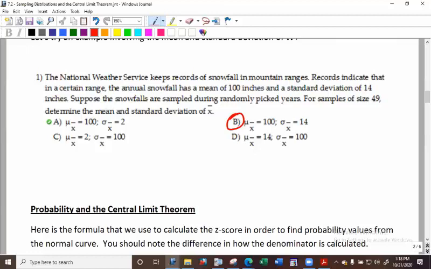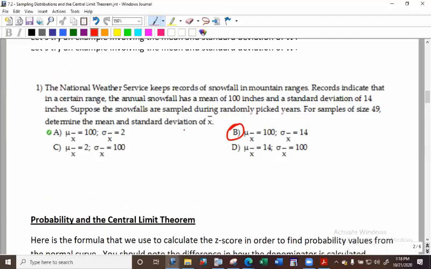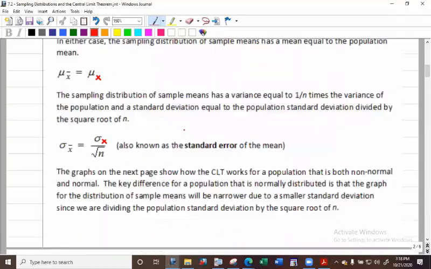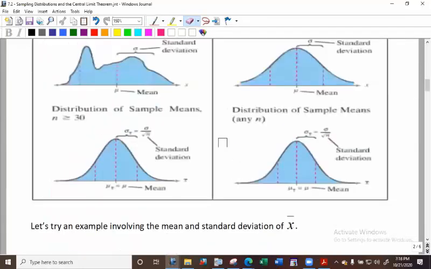That one is not correct, but it's certainly a trap to fall into. It's not correct because if you look back up here, the mean is the same, but the standard deviation is not. The standard deviation of X bar is your given standard deviation divided by the square root of n.